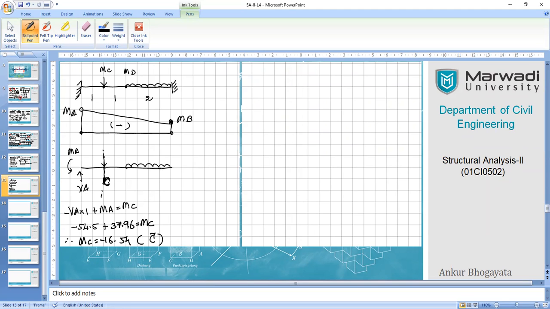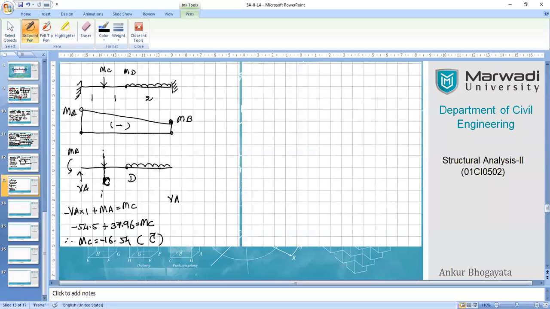Now similarly, you can come here and find MD also at point D by using the same formula. And once you have the values over here, you can probably create your combined bending moment diagram. So let's do it quickly.